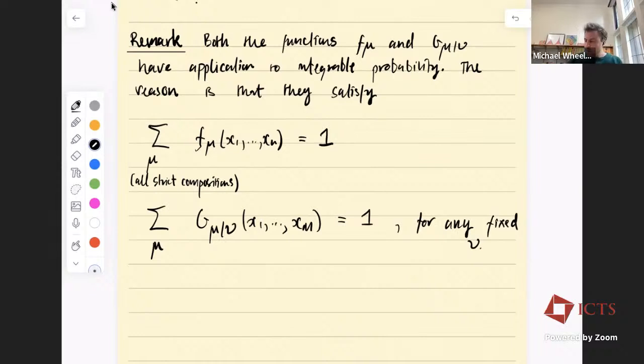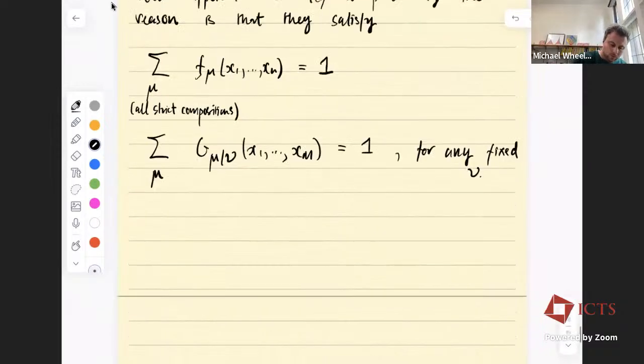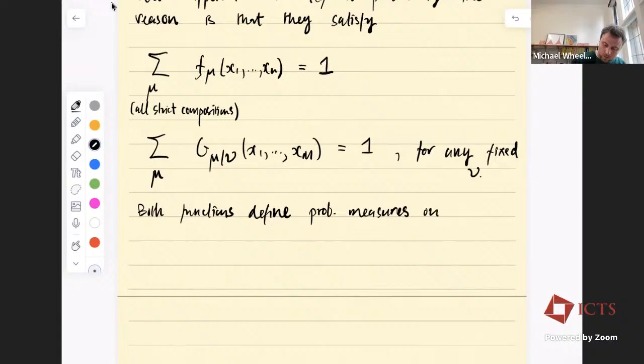All right, so what this means is that you can actually use either of these functions to define some probability distribution on strict compositions. So both functions define probability measures on strict compositions.